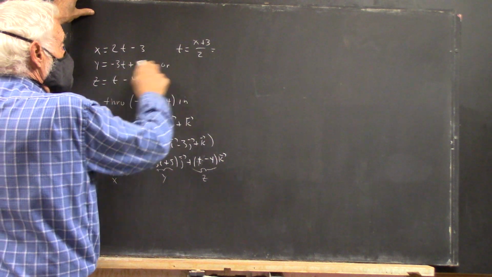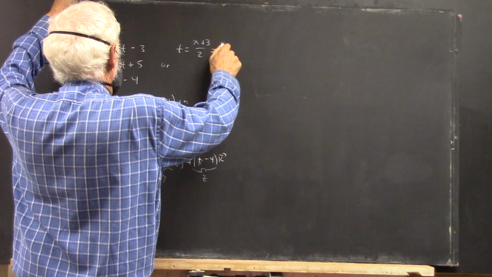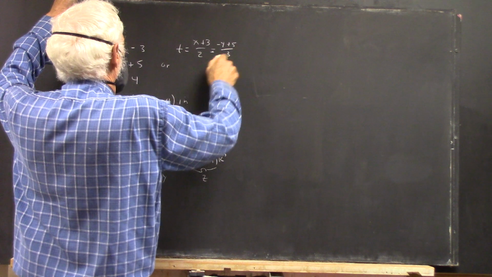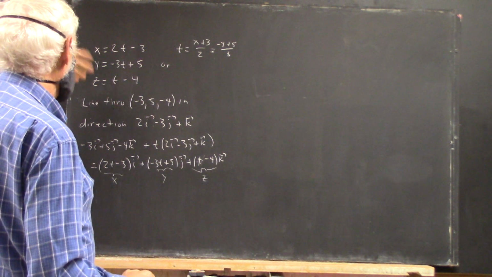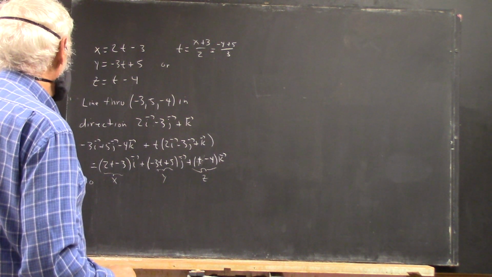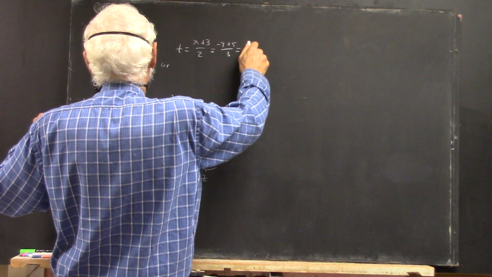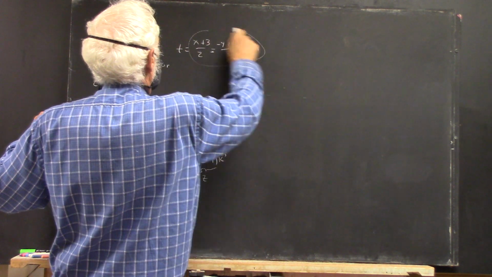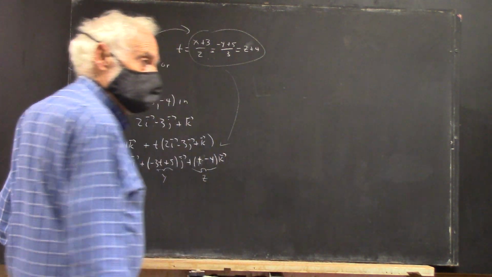Solve this for t, you get (-y plus 5) over 3. Multiply both sides by negative, and then that equals z plus 4. So you have this system of equations, which is totally equivalent to this, which is totally equivalent to this picture down here.